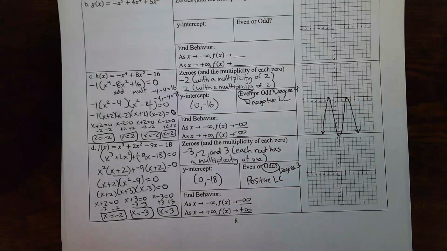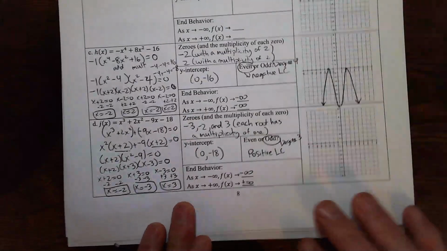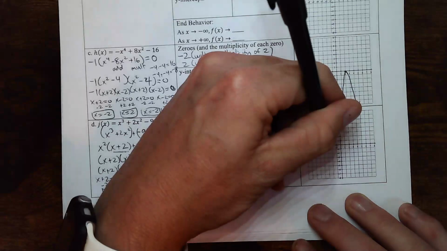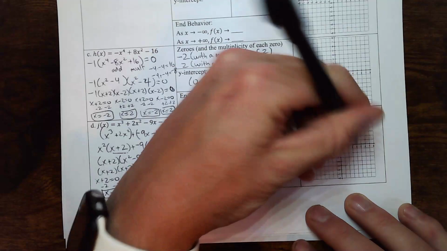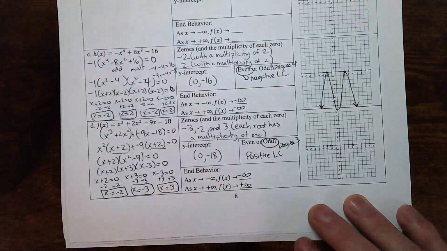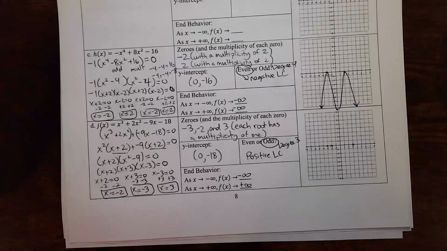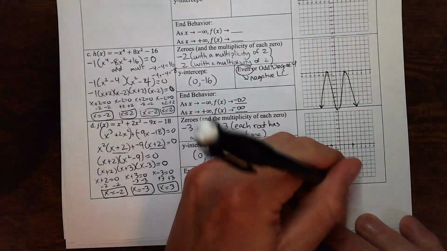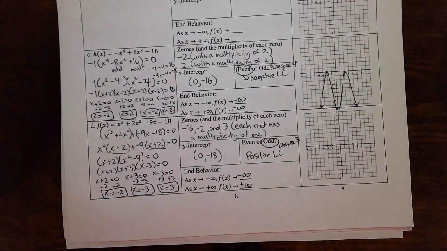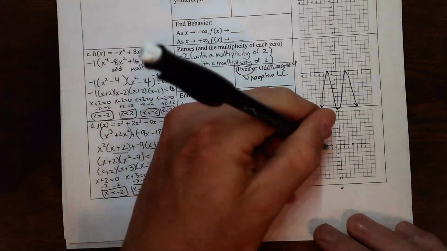Now let's graph some key characteristics here. I know the roots are at negative 3, negative 2, and 3. I know I have a y-intercept at negative 18, which I'm not going to be able to plot on here, but I have a y-intercept down there somewhere. Now, I know as I go forever to the left, it's going down.